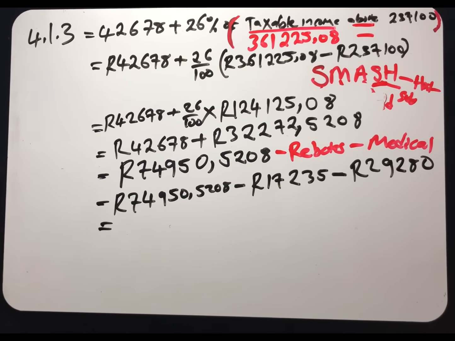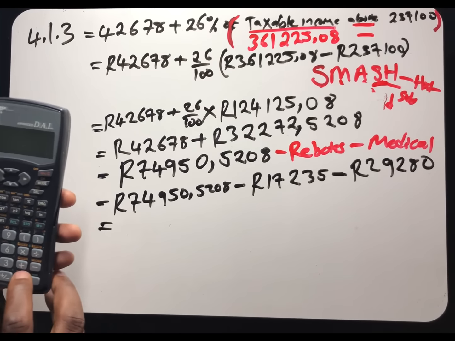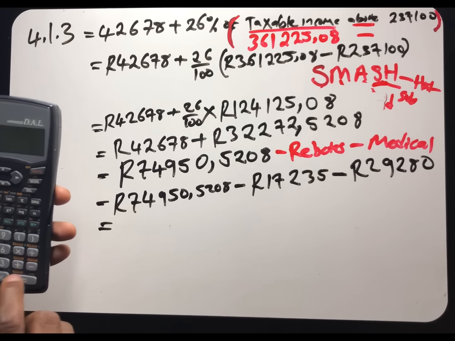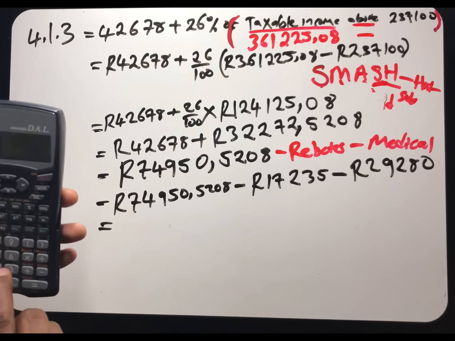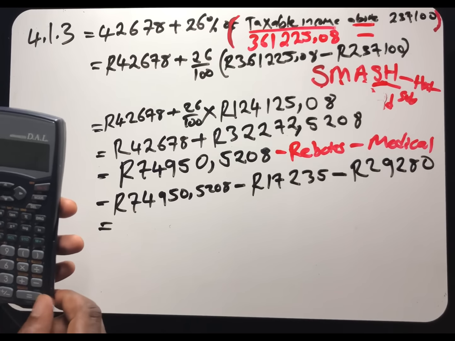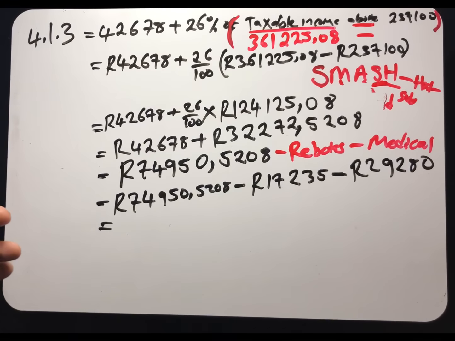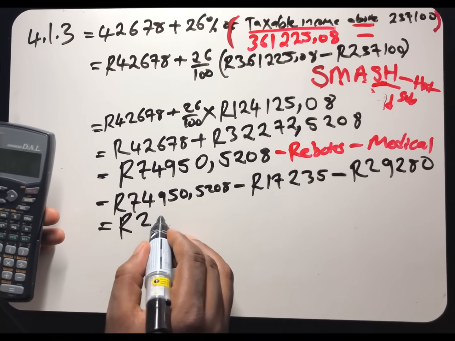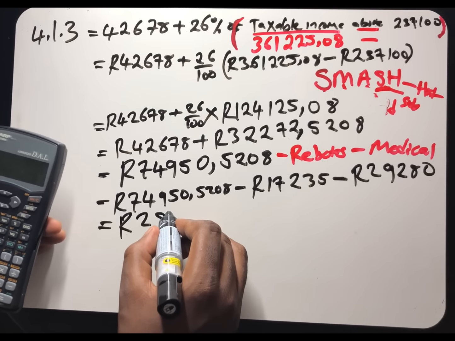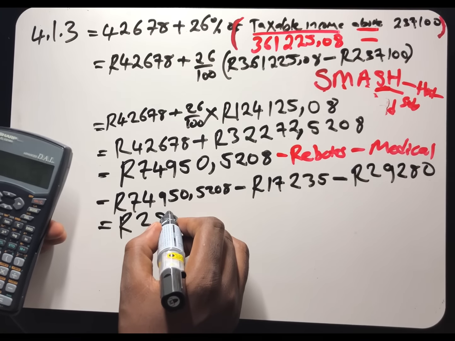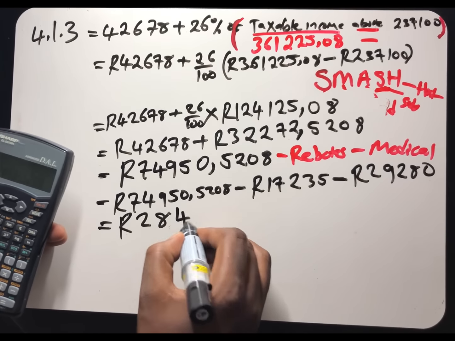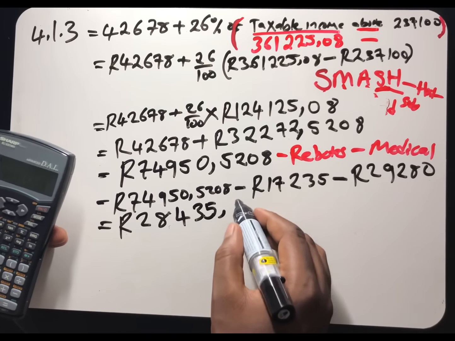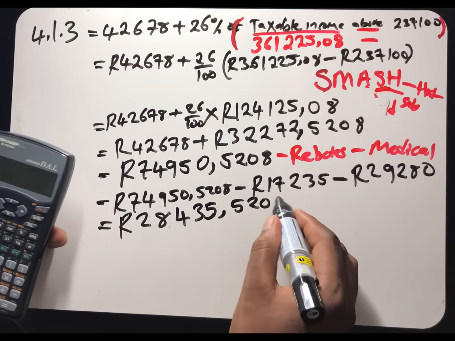Then from here we find the difference, minus 17,235 minus 29,280. We find that my answer is 28,432.35 and 5208.